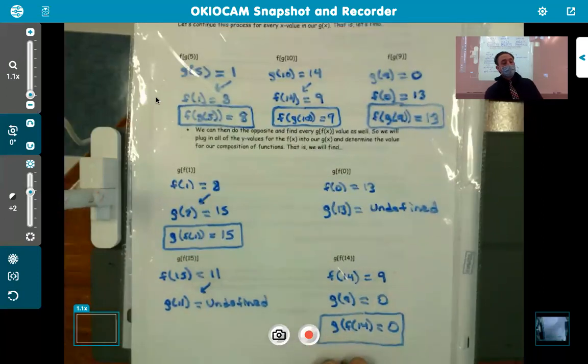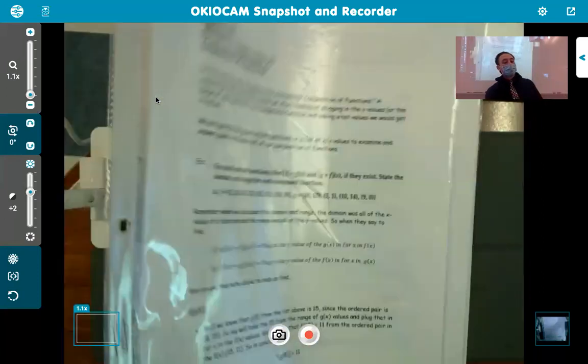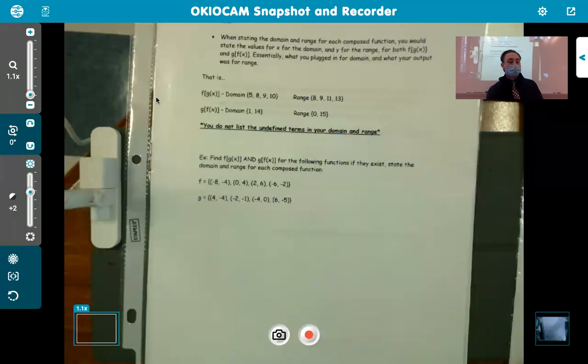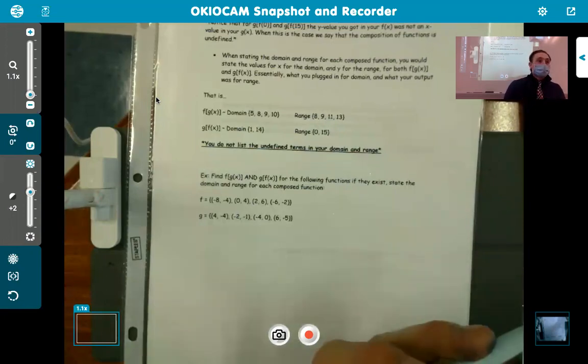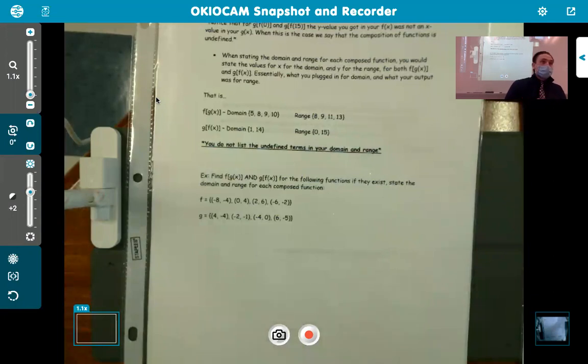One thing that we're going to get into now is listing our domain and range for each of these functions. Remember, the domain is your x values that you plugged into the composition. So we're dealing with the domain and range of the entire composition, not just the f function or the g function.